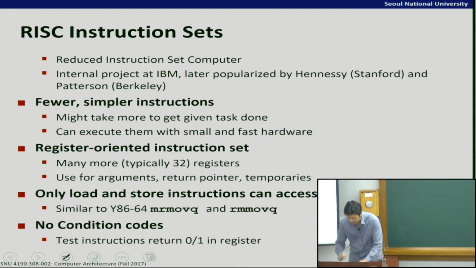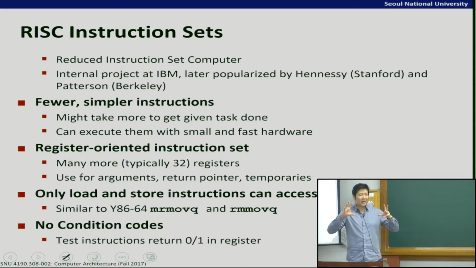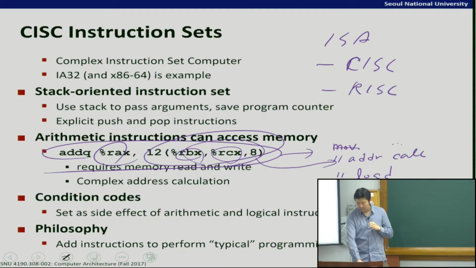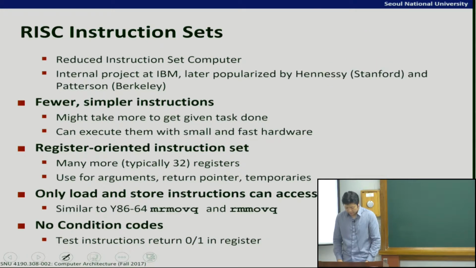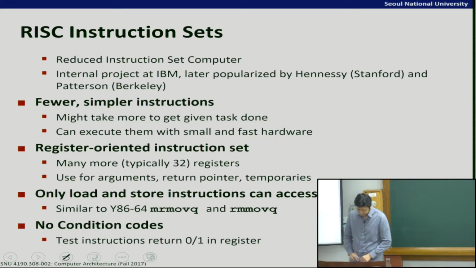This is the reason why RISC architecture is called a load-store architecture: only load and store instructions can access memory, not arithmetic instructions, like in the previous slide, where the arithmetic instruction cannot access memory in a typical RISC architecture.